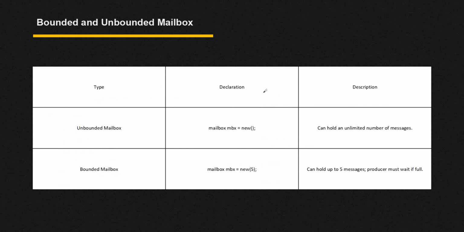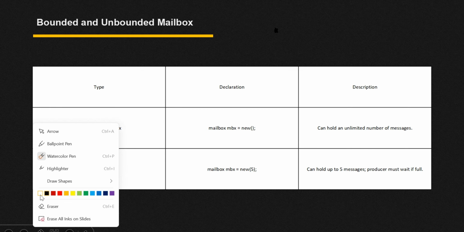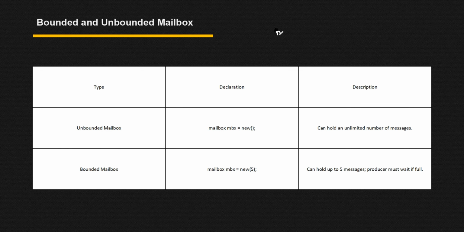Now see, we have bounded and unbounded mailbox. So what does it mean? While creating your mailbox, you are going to do something like this. Let's suppose you are creating your mailbox: mbx is equal to new. Now here you have to pass an argument.